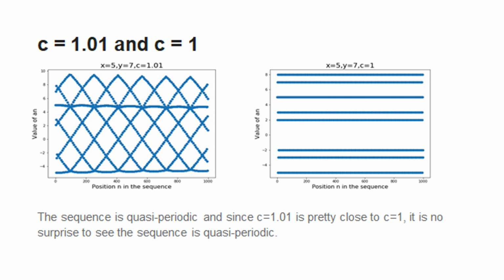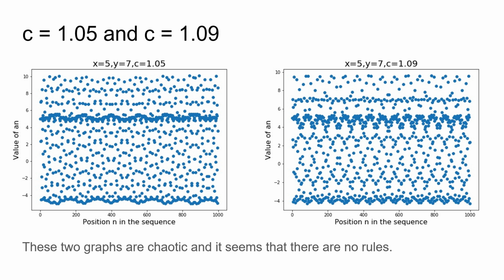It's not surprising to see such an elegant graph, since the number 1.01 is pretty close to the number 1, and these two graphs should show a very similar pattern, that is, like the periodic one. Another pair of values is 1.05 and 1.09. These two graphs are very chaotic, and it seems that there are no rules in them. But anyway, these two graphs are bounded.